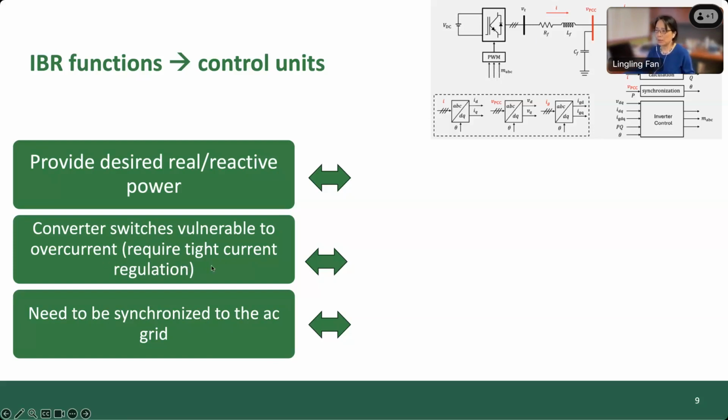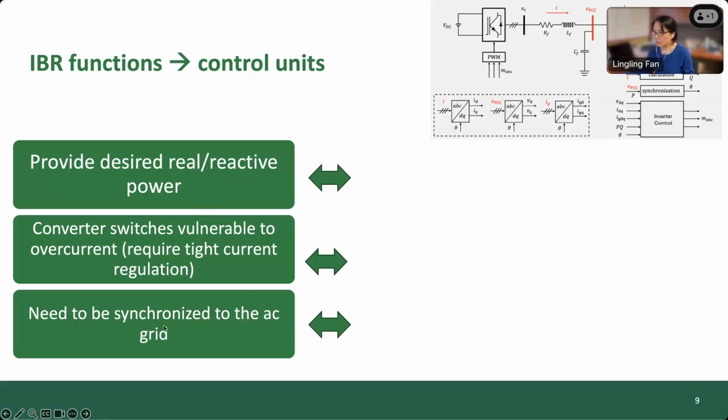That's why we require tight current regulation, called current control. After these things are in place, you can interconnect to the grid and regulate your current well. The next thing is you can provide desired real and reactive power, for a battery, right? And on top of that, you can also provide voltage regulation and frequency support, some additional functions.